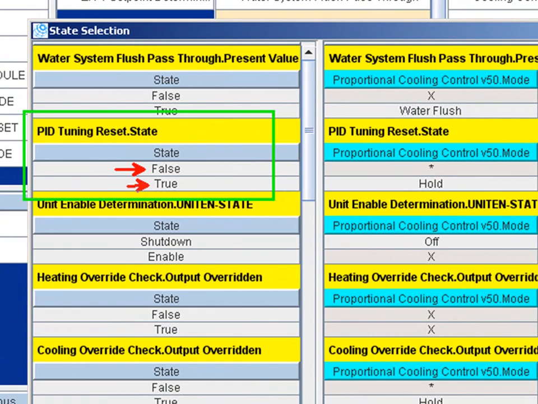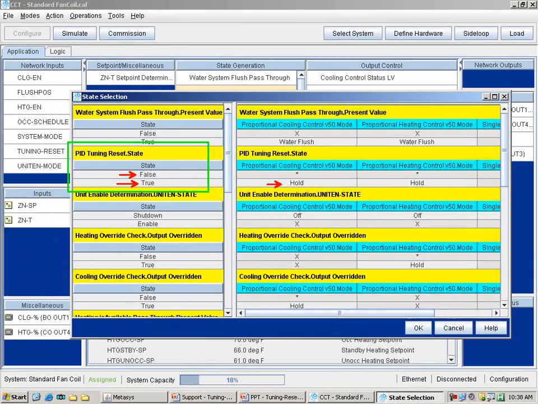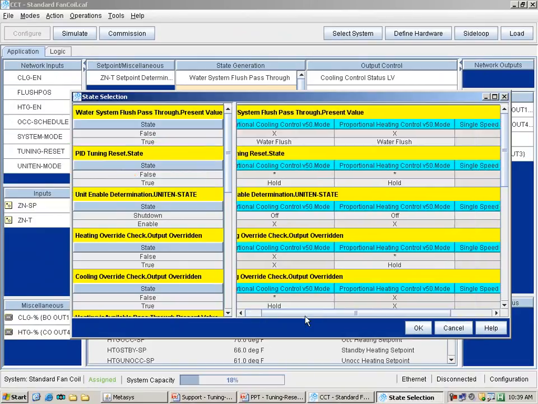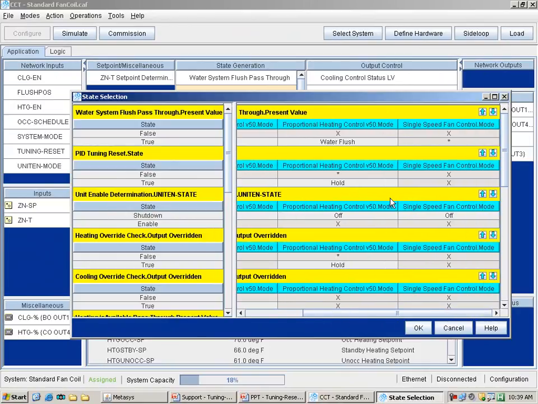If it goes true, then a hold state is sent to the cooling control. A hold is also sent to the heating control. And if we look at the other modules, nothing is being sent to the single speed fan control module. So it's just the modules that actually have a PID block that go into the hold state during the reset procedure. So we'll be looking at that in more detail.